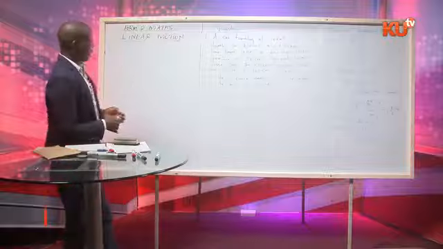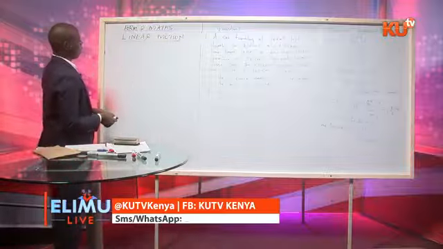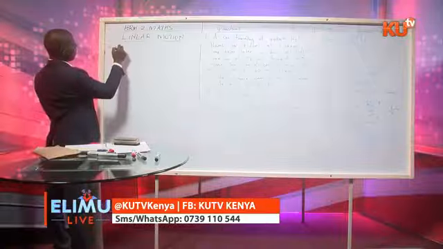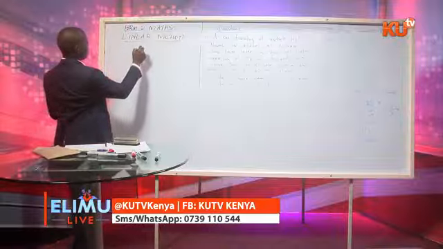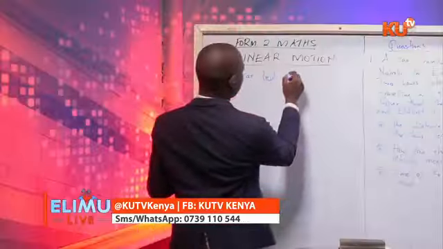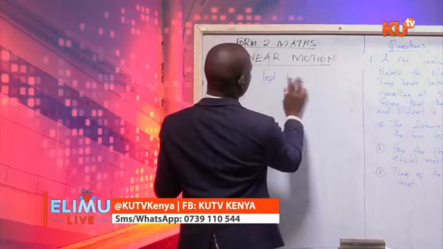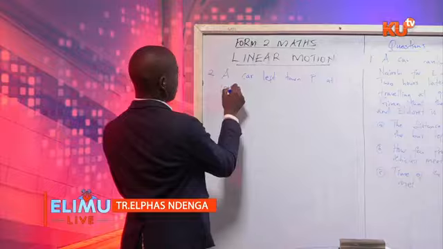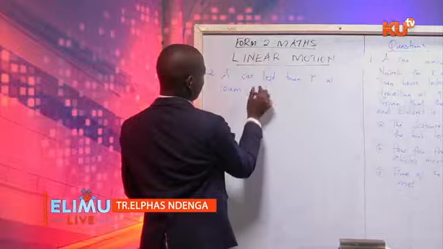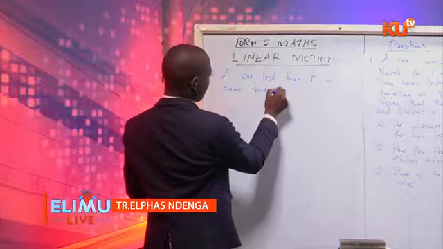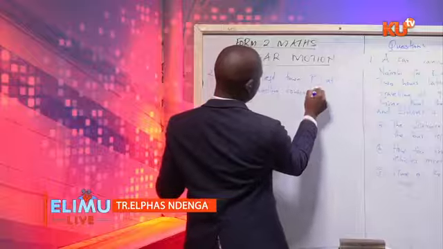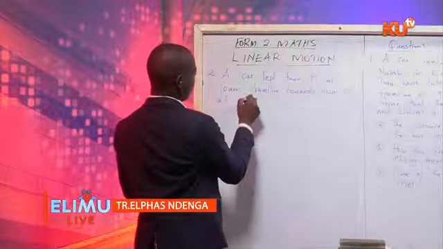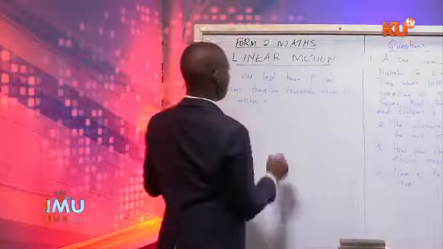We could have a case, let's use this case as number 2, and say a car left town P at 10 a.m. traveling towards town Q at 40 kilometers per hour.